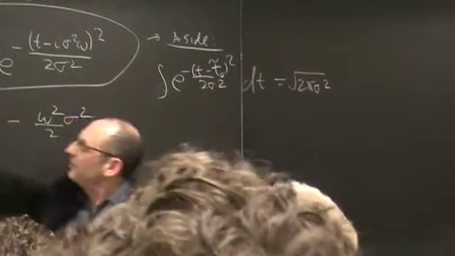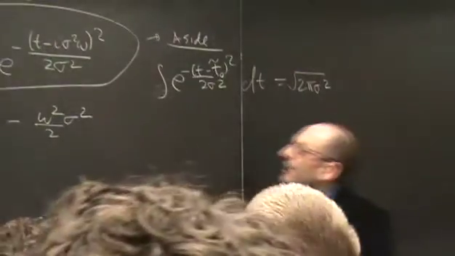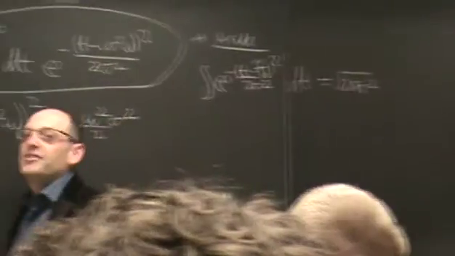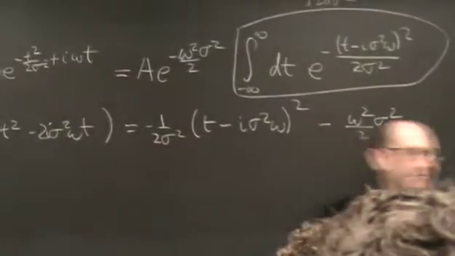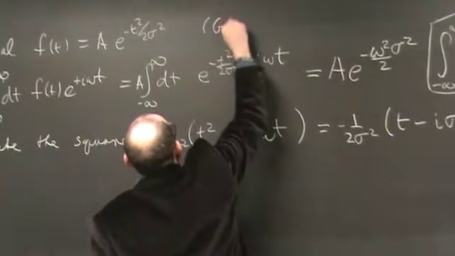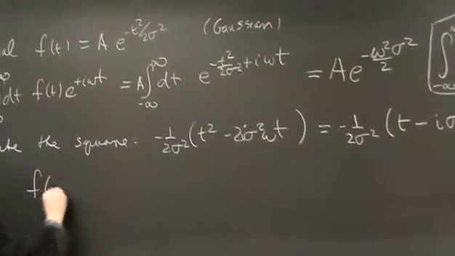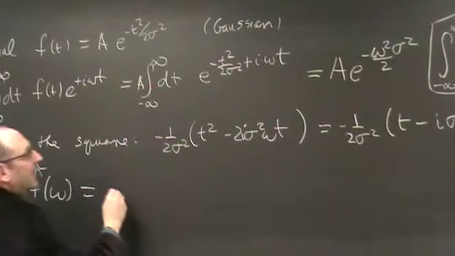That's kind of irrelevant. The point here, as a function of omega, is that the Fourier transform of a Gaussian is a Gaussian.